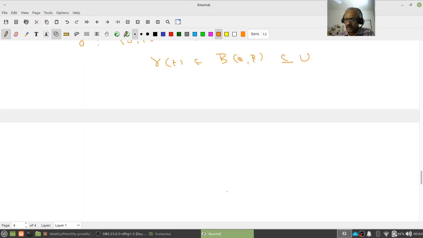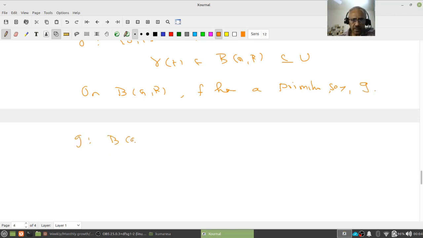Then on B-bar f has a primitive, say G, that is G is a holomorphic function from B-bar to C and G dash equals f on B-bar.